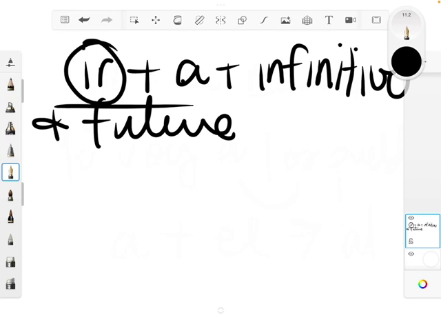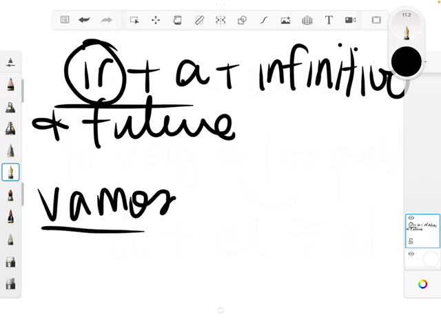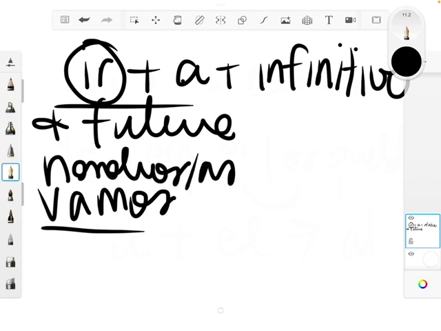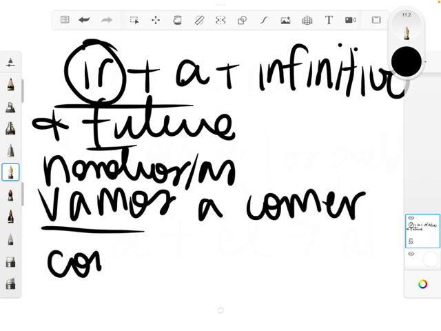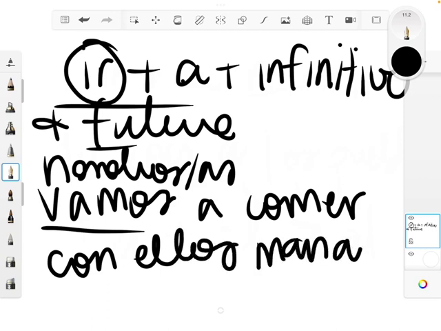So for example, vamos, that's your conjugated form of ir for nosotros or nosotras. Vamos a comer con ellos mañana. We're going to eat with them tomorrow.